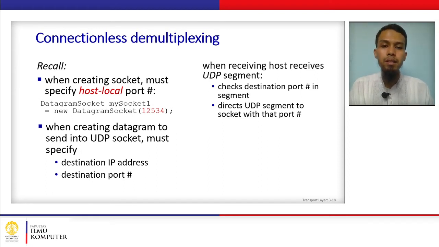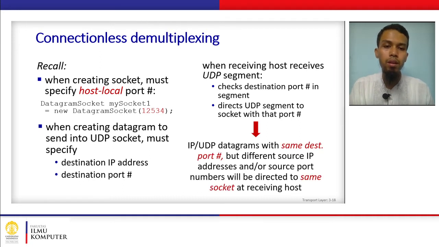First, it checks the destination port number in the segment, and then directs the UDP segment to the socket with that port. So in UDP, although the IP datagrams have the same destination port but different source IP addresses or source port numbers, they will be directed to the same socket at the receiving side.